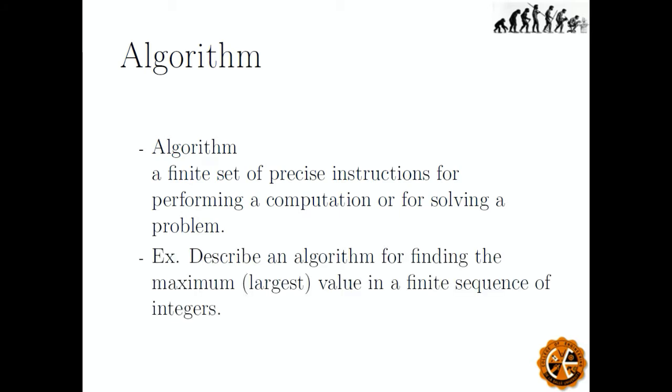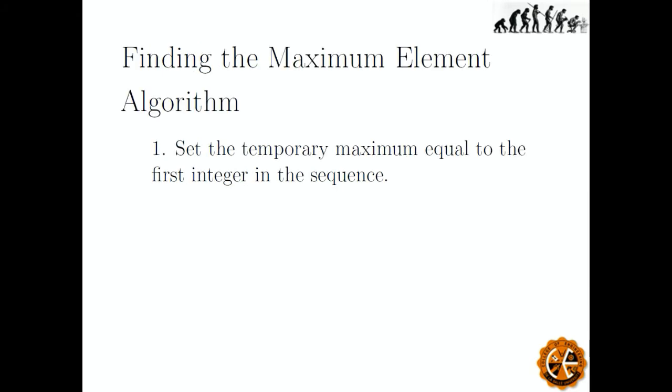Example: describe an algorithm for finding the maximum value in a finite sequence of integers. So how do we go around this problem? We could come up with some instructions written in English, like first off, we could set the temporary maximum equal to the first integer in the sequence.